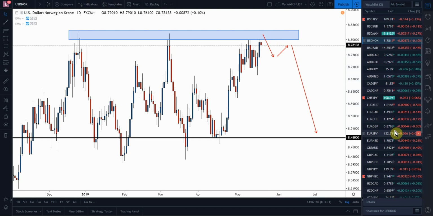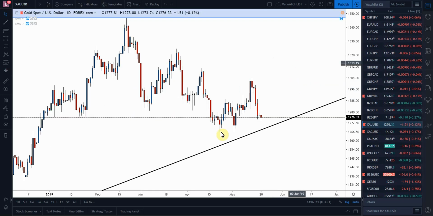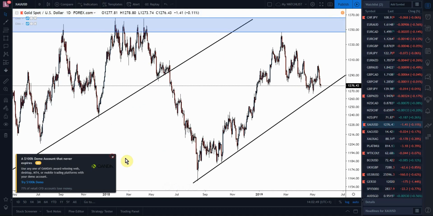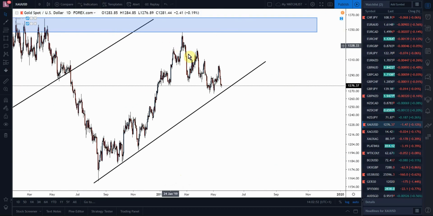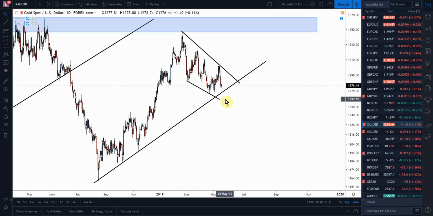So a quick look at gold. Got this nice uptrend on gold, and this is potentially a big pullback, so we could be looking at we're in a correction at the moment, as you can see, because we've had quite a big move, so we've had this correction going on here, looking for buying opportunities.